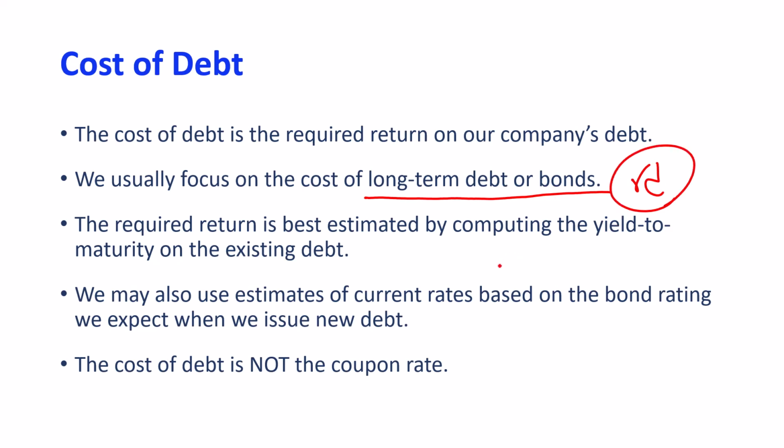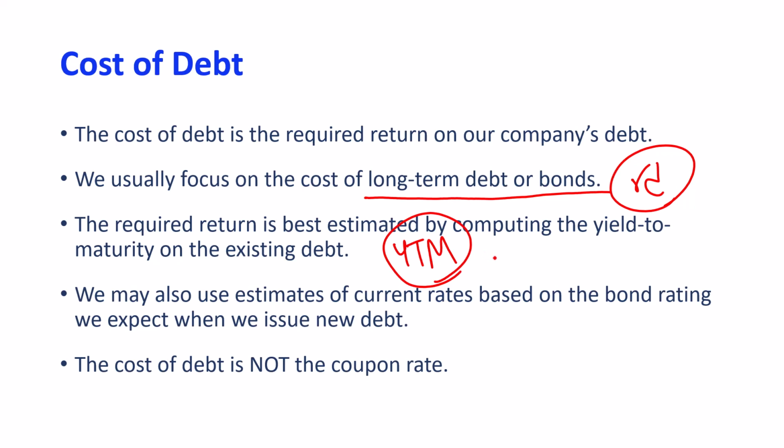The required rate of return is best estimated by computing the yield to maturity on the existing debt. So the best estimate for the cost of debt is calculating the yield to maturity of the outstanding bonds of the company.